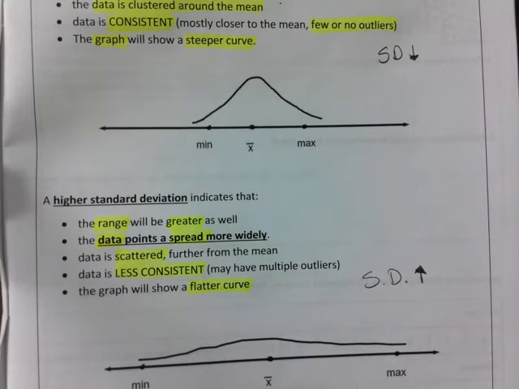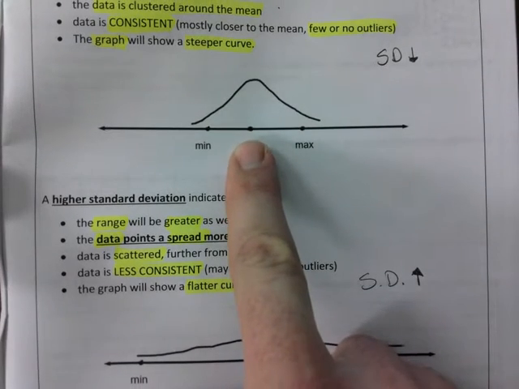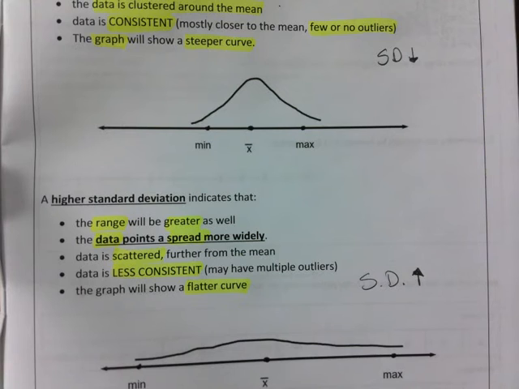So let's talk basketball. Let's say you keep track of players' scoring average. You want that player to have a small standard deviation. You want that player to be consistent.